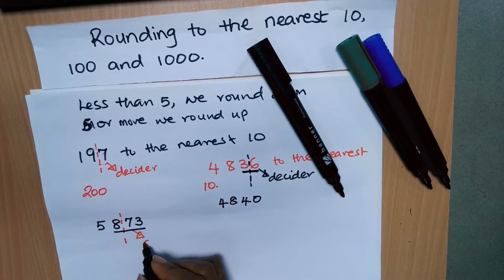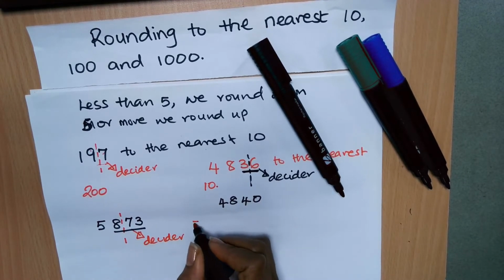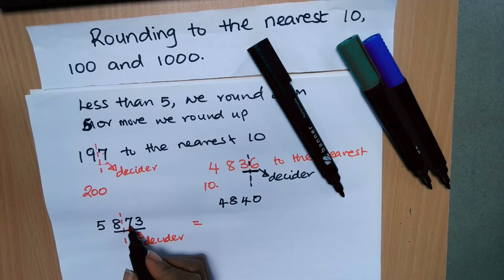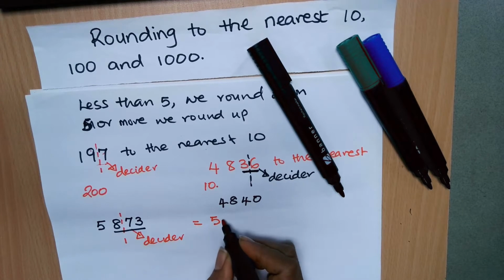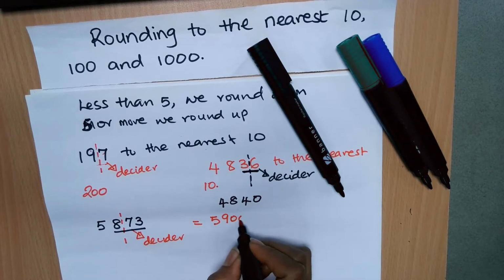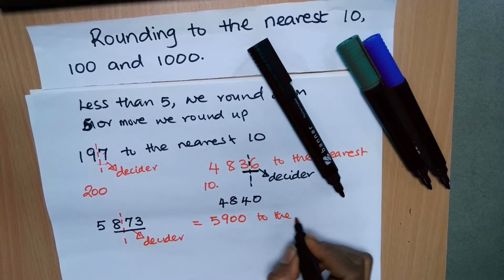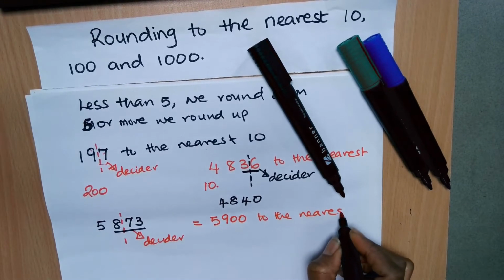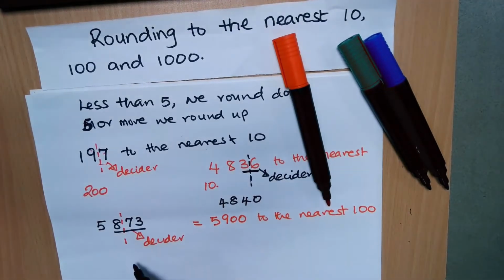Number 7 becomes the decider. Because 7 is more than 5, we round up. So if we're rounding up, our answer would be 5,900. Now we have rounded to the nearest 100.